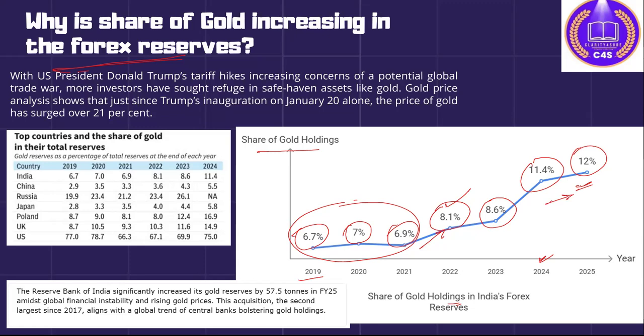Here in this chart, we can see various developed countries are increasing their gold reserves. See here, the US has also increased in the last 4 years. The US has continuously increased gold in its total reserve, and gold is 75% of its total reserve.